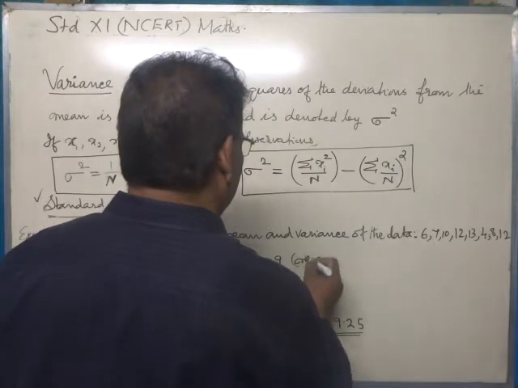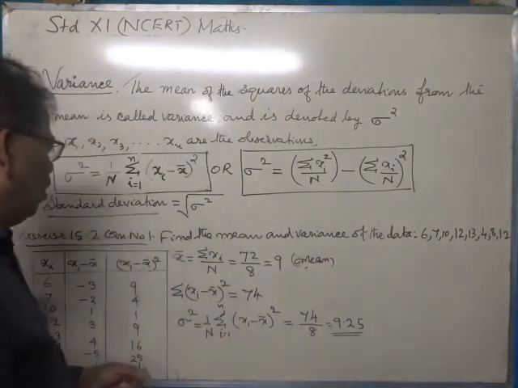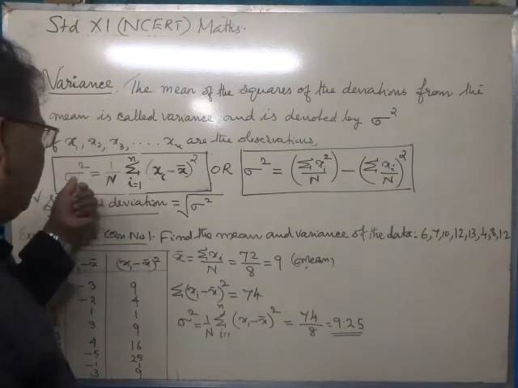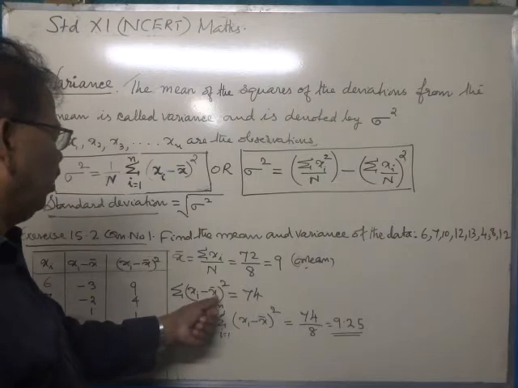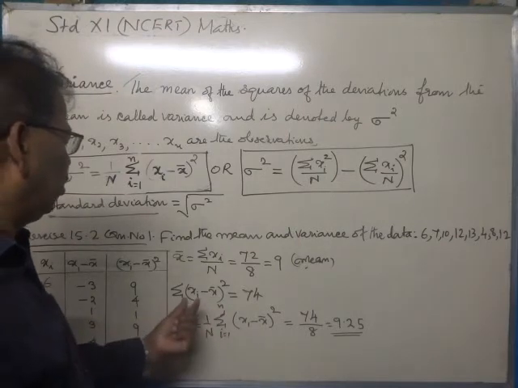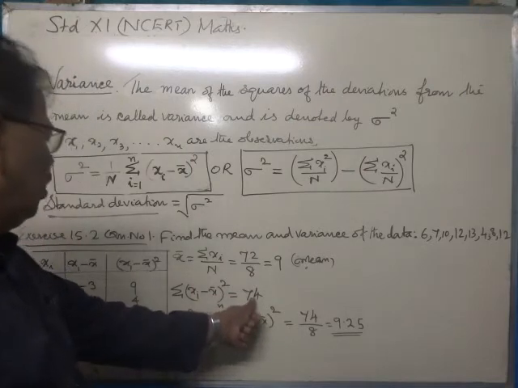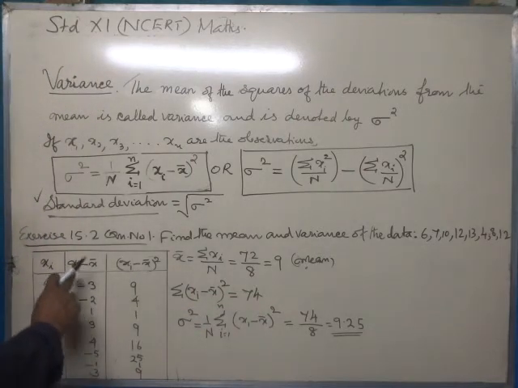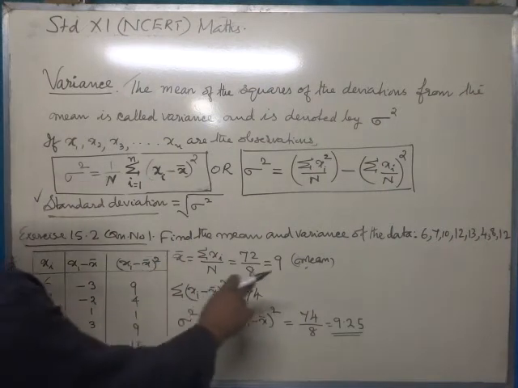Now variance is sigma xi minus x bar all square divided by n. So first we find xi minus x bar, where x bar is 9.